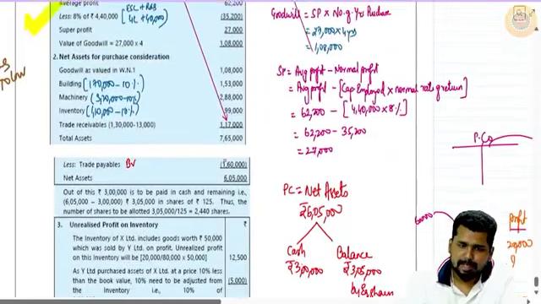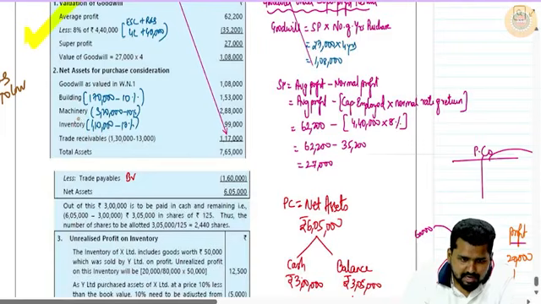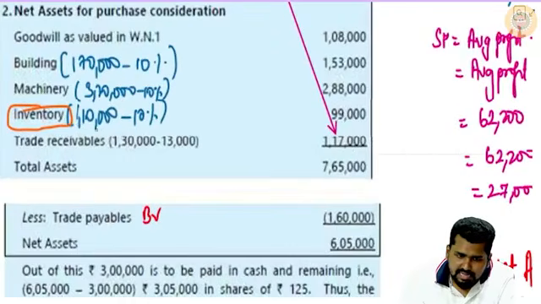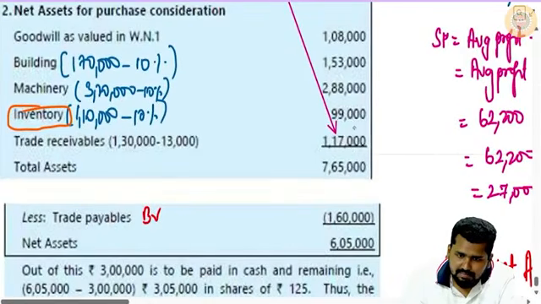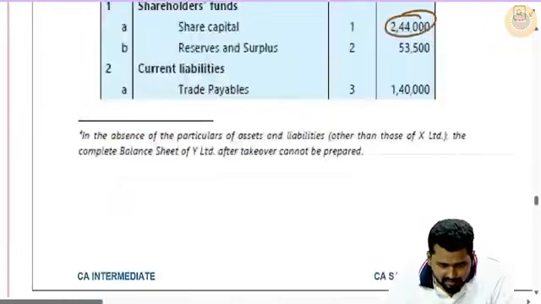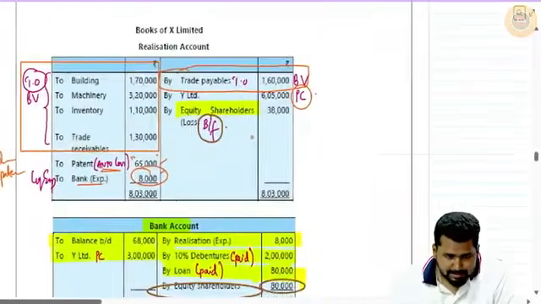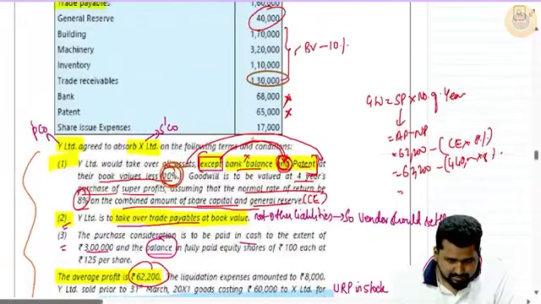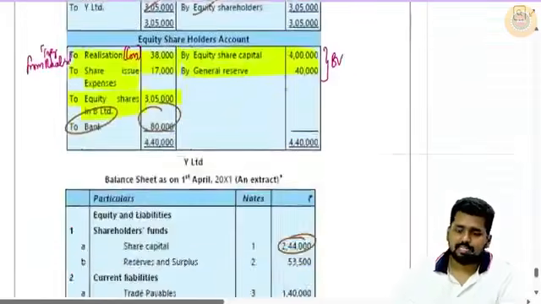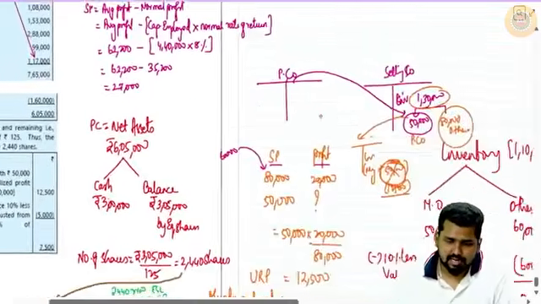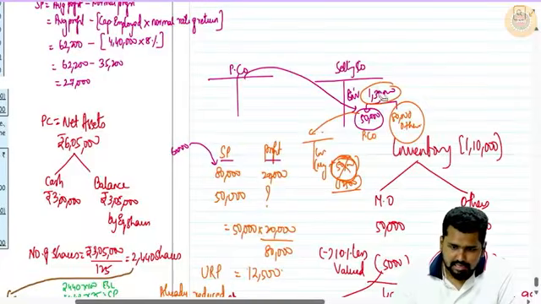They are asking whether, when you passed the journal entry, you incorporated 1,10,000 or 10% less. Wait. Inventory is 110. Therefore out of 110, correct?